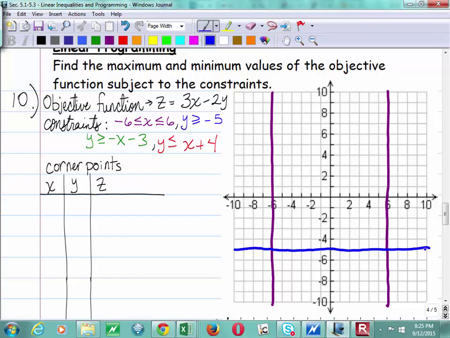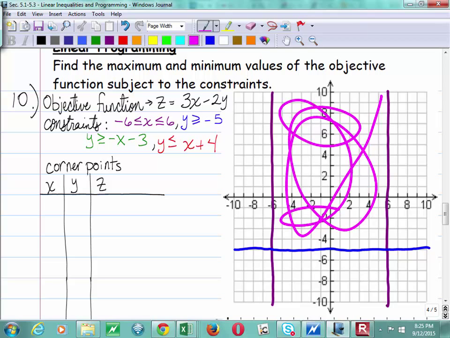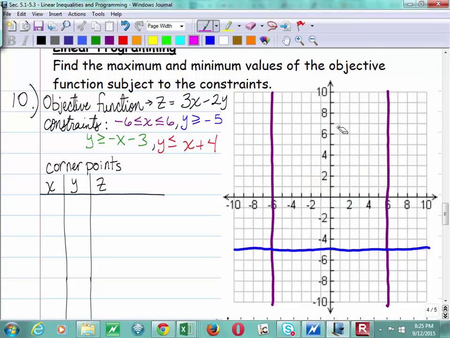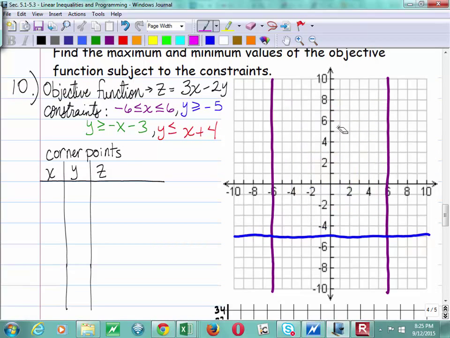Alright, and I don't want to shade it all in because there's too many different colors, and so I just know that my solution is going to be somewhere within this region, okay? But I don't really want to shade it, okay, because it'd be too much. Alright, now the other two, so the green one has a y-intercept at -3 with a slope of -1.